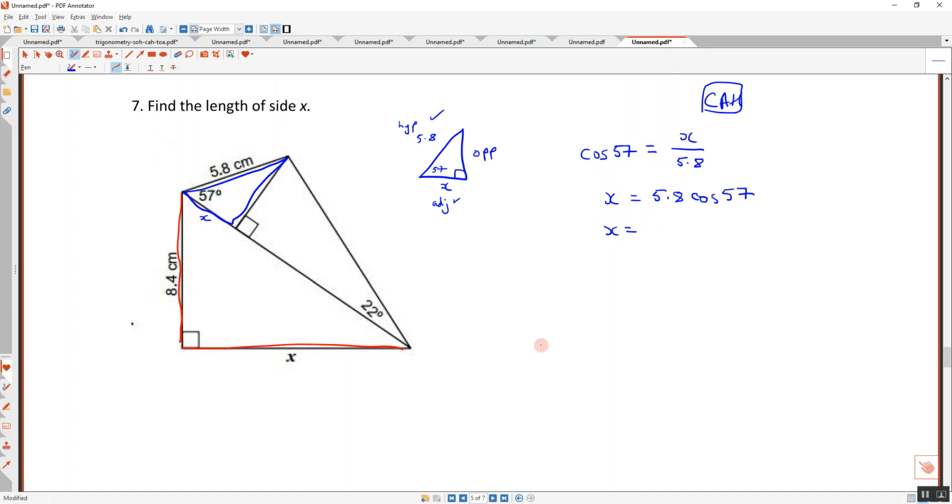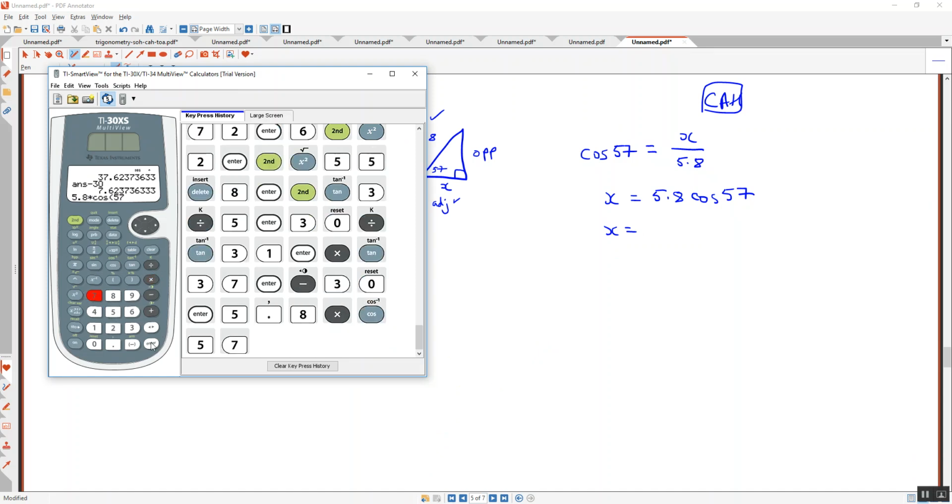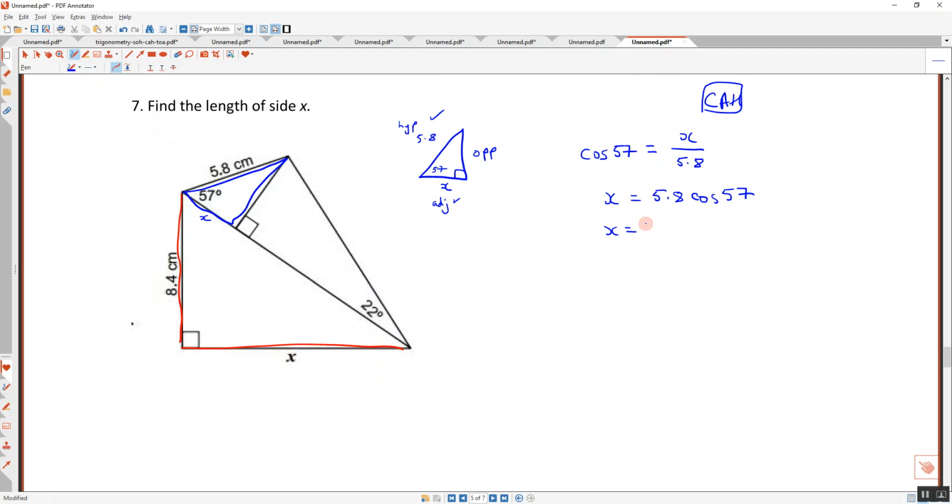So x is equal to 3.1589, so 3.16. Okay. So that is x. That is 3.16.